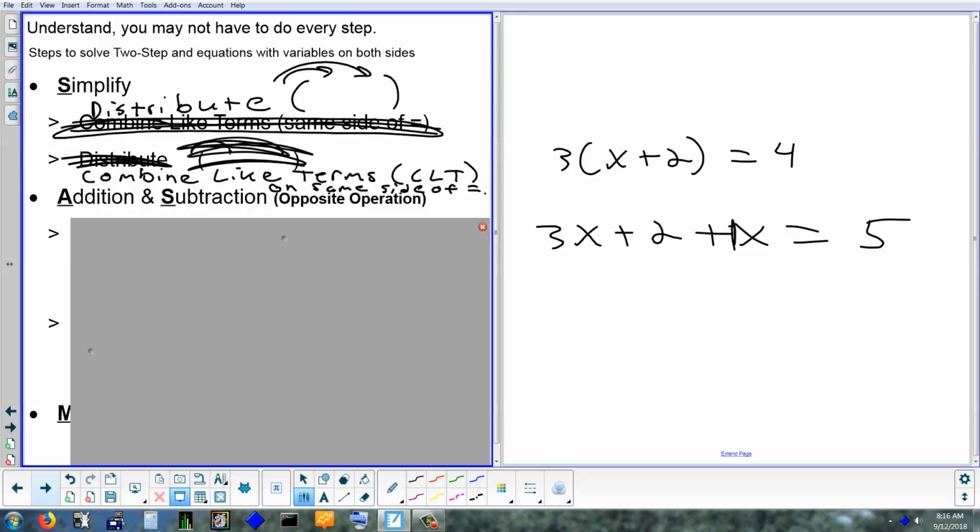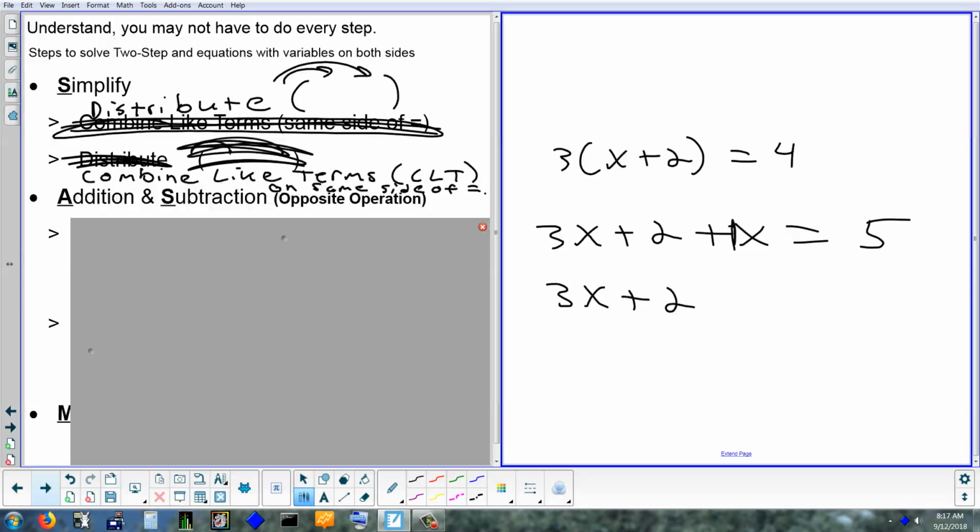So, the next 2 things you look at in an equation are any adding or subtracting you need to do. And remember, you always do the opposite. So if you see an equation that has addition in it, like 3x plus 2 equals 14, and you want to solve that, well, first thing you have to do is look and say, okay, I don't have any distributive property there.